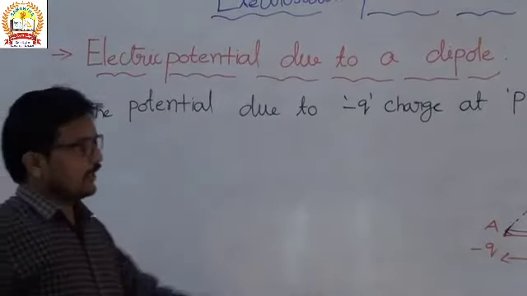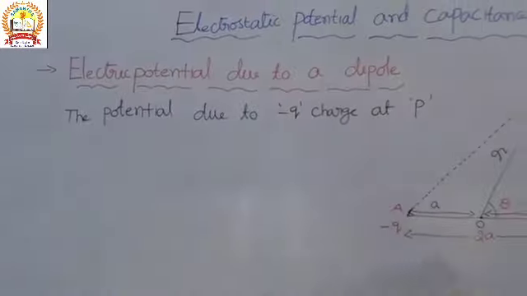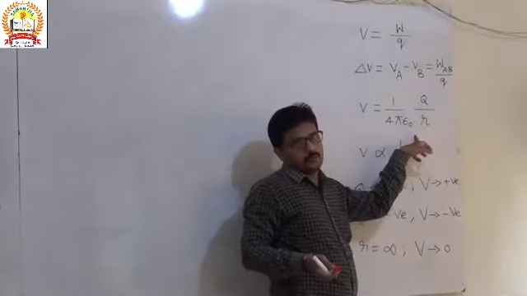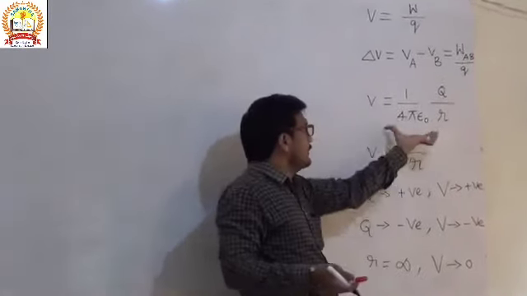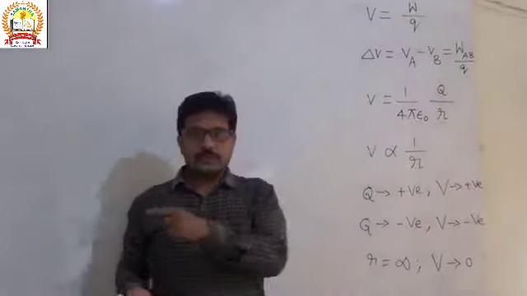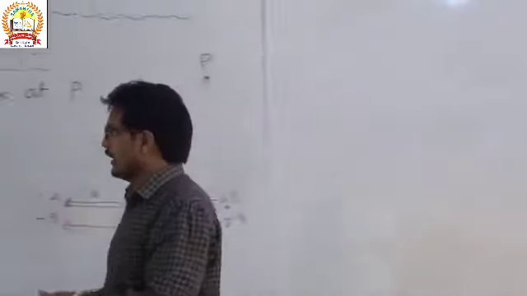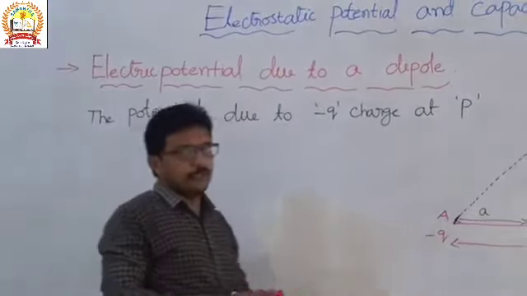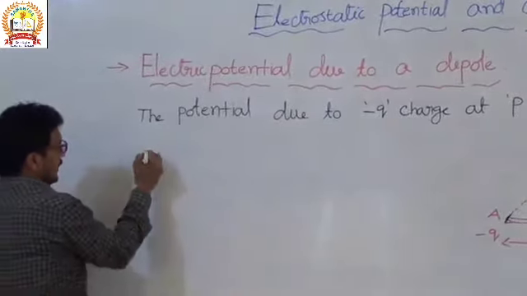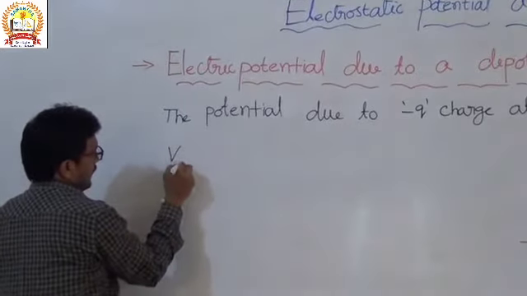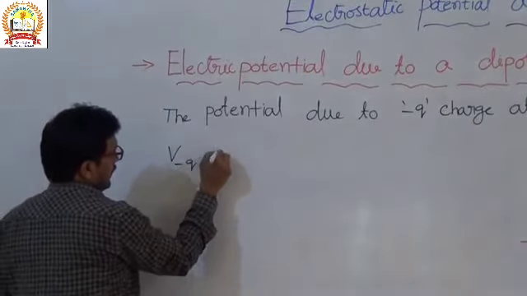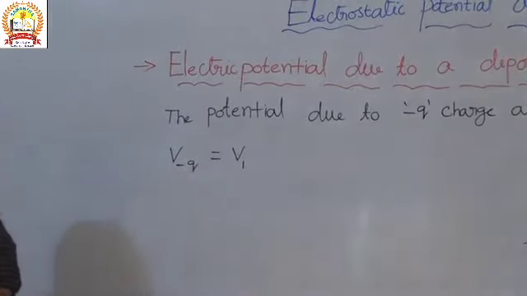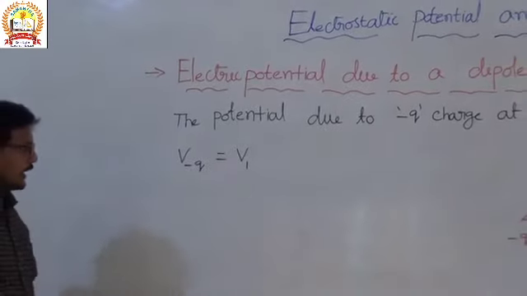We know the potential due to a point charge is V equals 1 by 4 pi epsilon naught, Q by r. This formula we use to derive the potential due to a dipole. So the potential due to the negative charge at point P, we call V1. V1 represents the potential due to the negative charge.